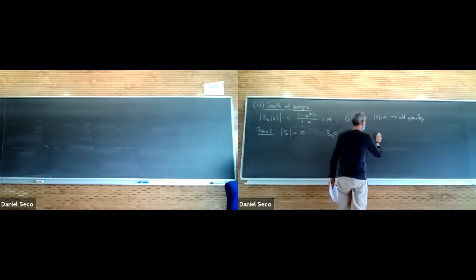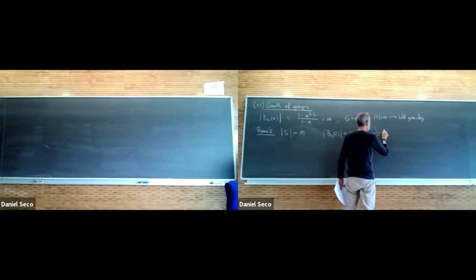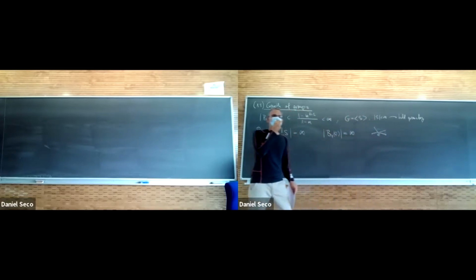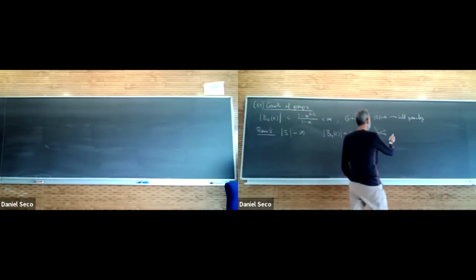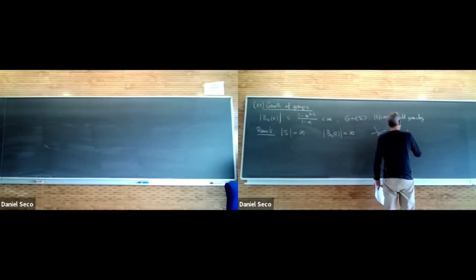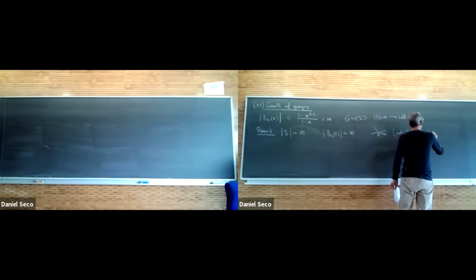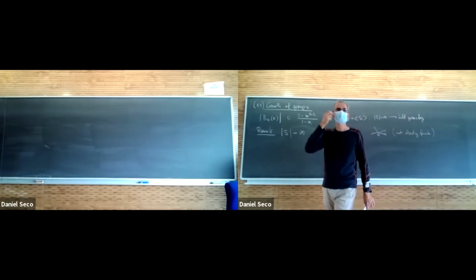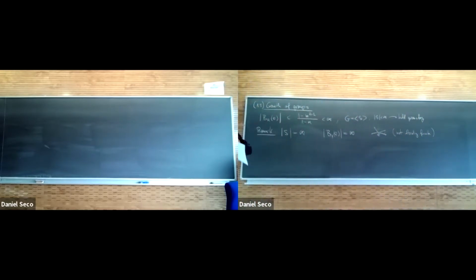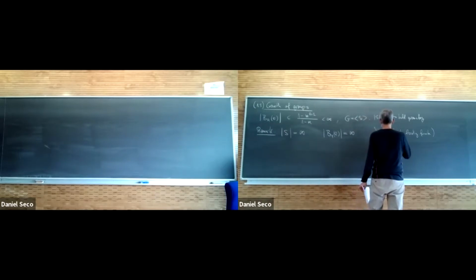So this is e. You have, so to say, infinitely many edges going out of this element, any element. So this is not locally finite. Another way of saying this is that any element of the group has infinitely many neighbors at distance 1. And this is something I want to avoid here.